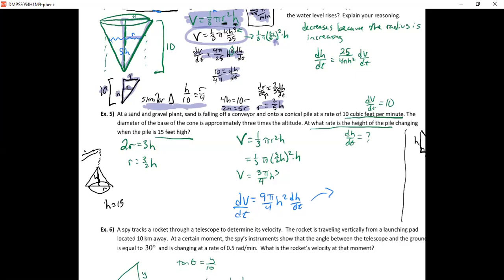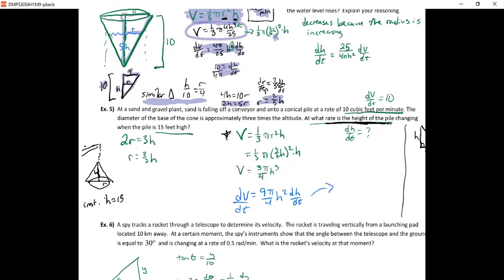This is an instantaneous moment, by the way, which means as I look at this from the beginning, I have to say, what is my overall general situation? Volume is 1/3 pi r squared h again. Now I want to know at what rate the height of the pile is changing. Once again, I want to use my similar triangles. I think I didn't show the similar triangles here.